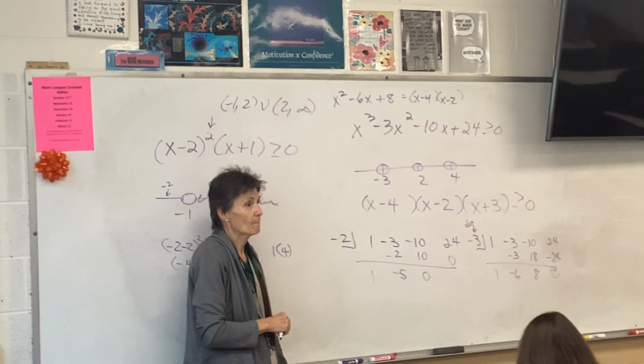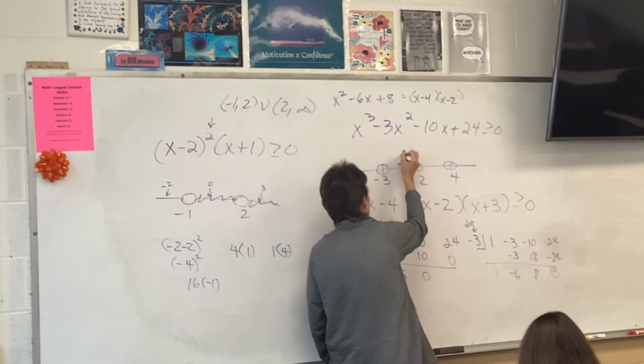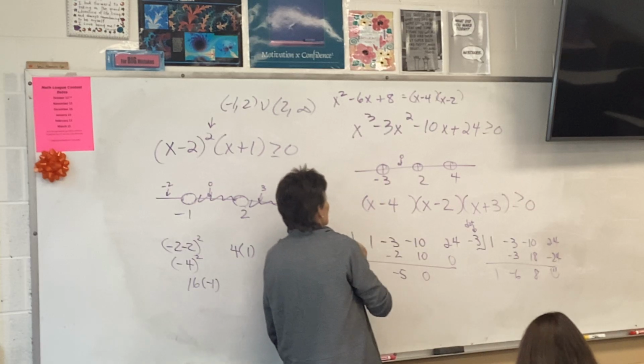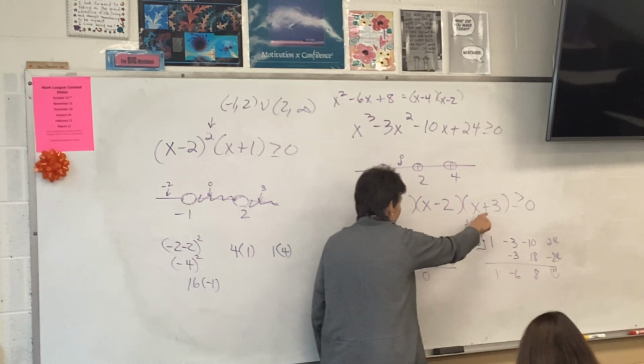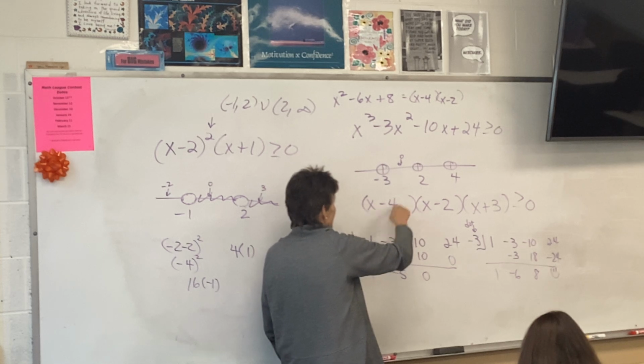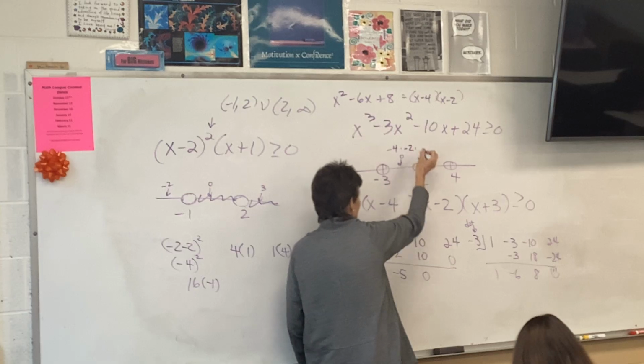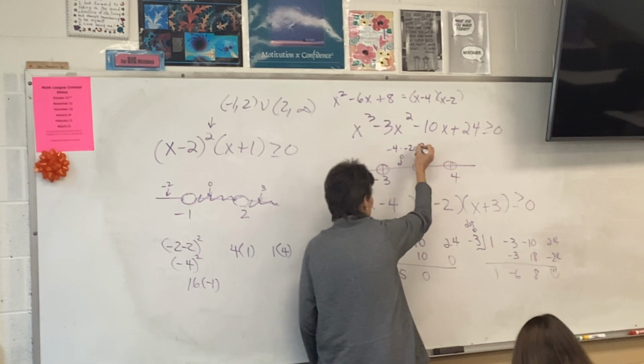Okay, now what? Choose a number. What are you going to choose? 0. Love 0. So I'm going to put 0 into my factors. And I'm going to get negative 4 times negative 2 times 3.